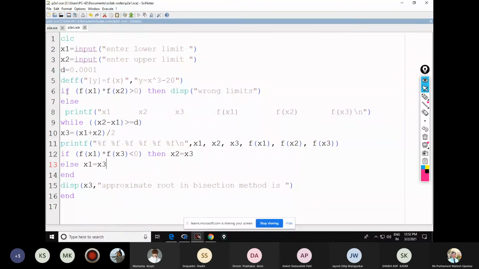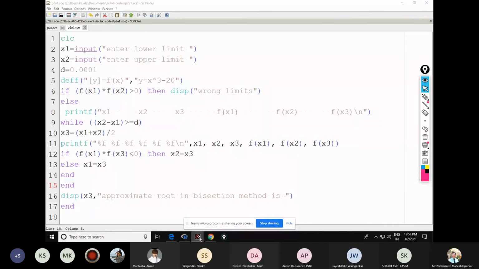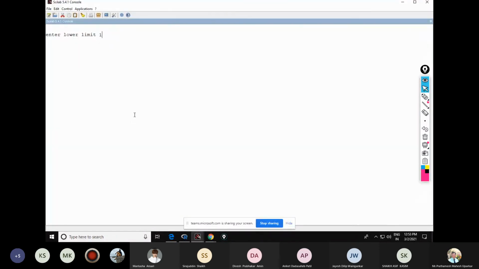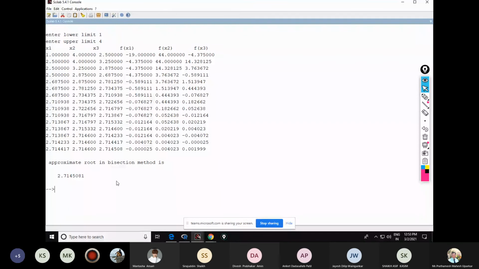I have defined it correctly. I have to end the while over here. And then I will just write 1 and 4 and see that without specifying the number of iterations, it is still calculated.